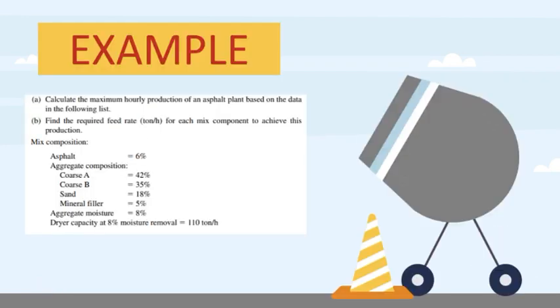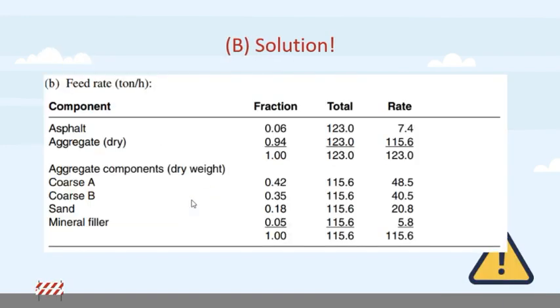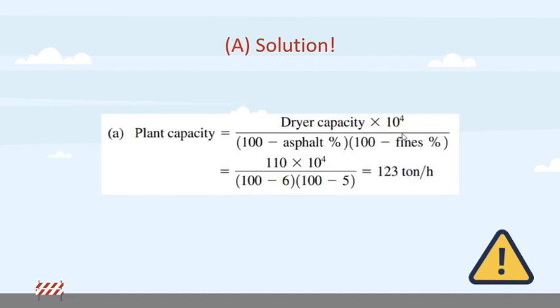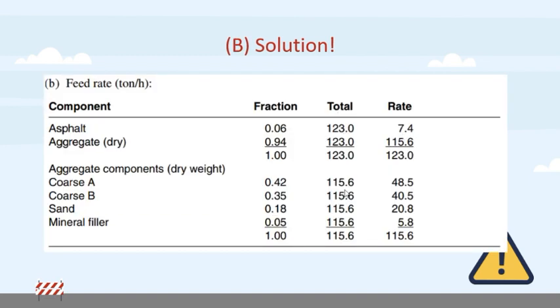For letter B, find the required feed rate in tons per hour for each component to achieve this production. We will use the table again. Solution for letter B, feed rate in tons per hour: after getting the plant capacity, the total, we multiply by the fraction or percentage of the component in the mix.